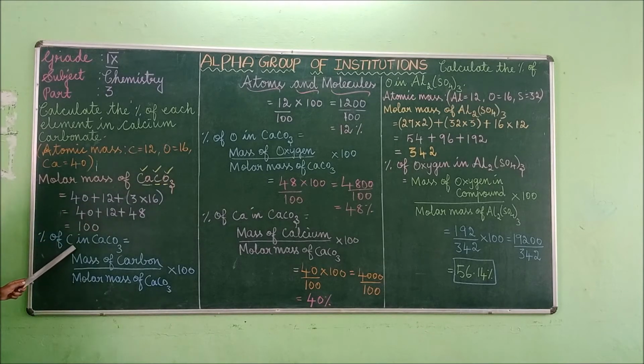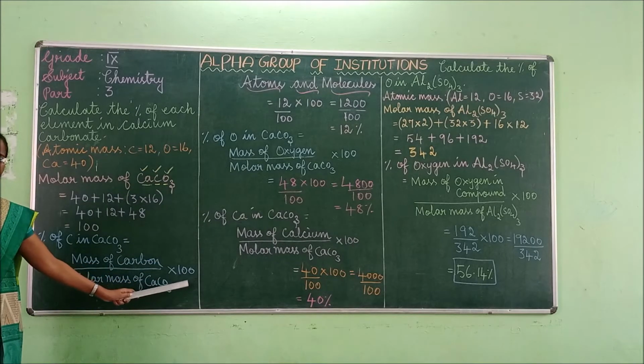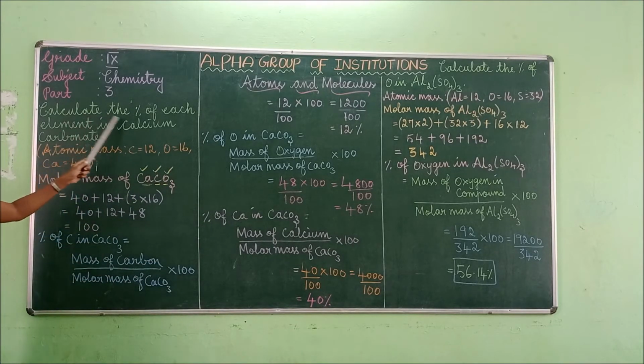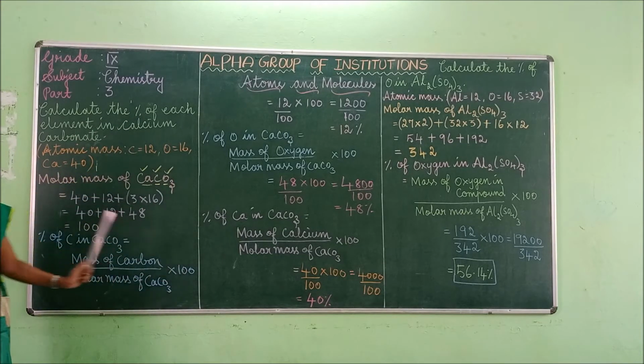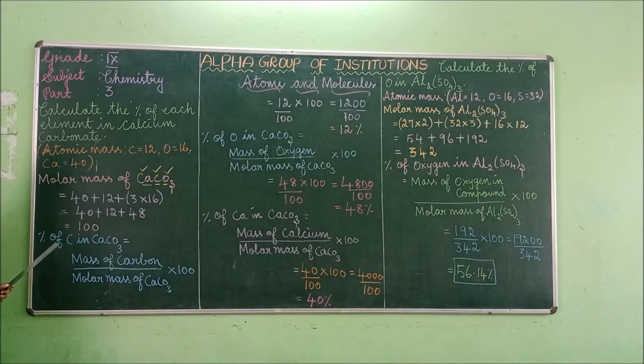So percentage of an element in calcium carbonate is equal to mass of the element by molar mass of calcium carbonate into 100. Why? Because you have to calculate the percentage only, isn't it? So you put 100. This is the formula you have to use.